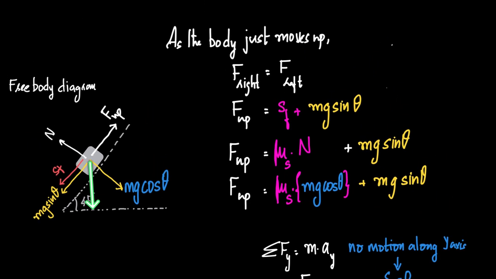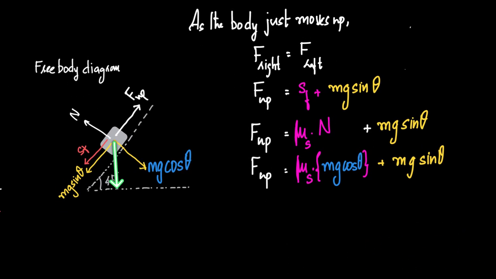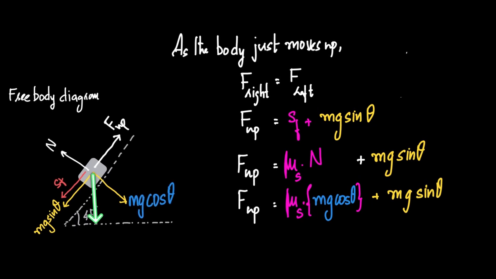Now let us come to the case where we have sigma Fx, right? So when we study sigma Fx here, we know that as the body is just moving up, the frictional force should be equal to the maximum value of limiting friction.